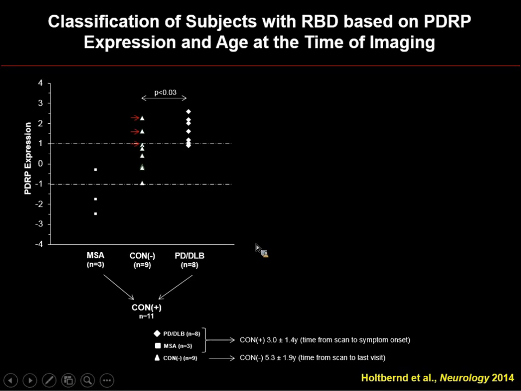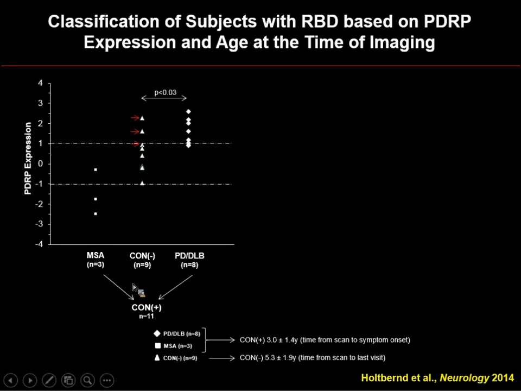And you could see the people who phenoconverted, there were, of a total of 17, these became either PD or DLB. They were really kind of PDD, if you will, so they were kind of rapidly evolving PD with cognitive disturbance. A number actually phenoconverted to MSA, and then the remainder did not phenoconvert.